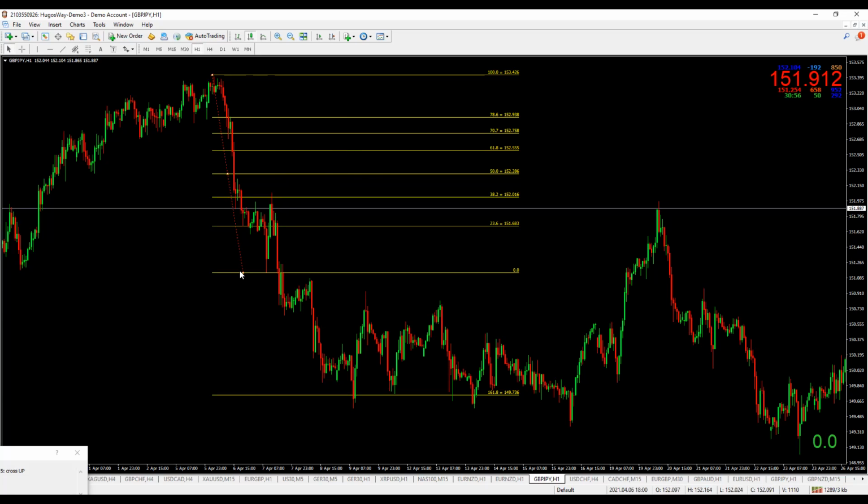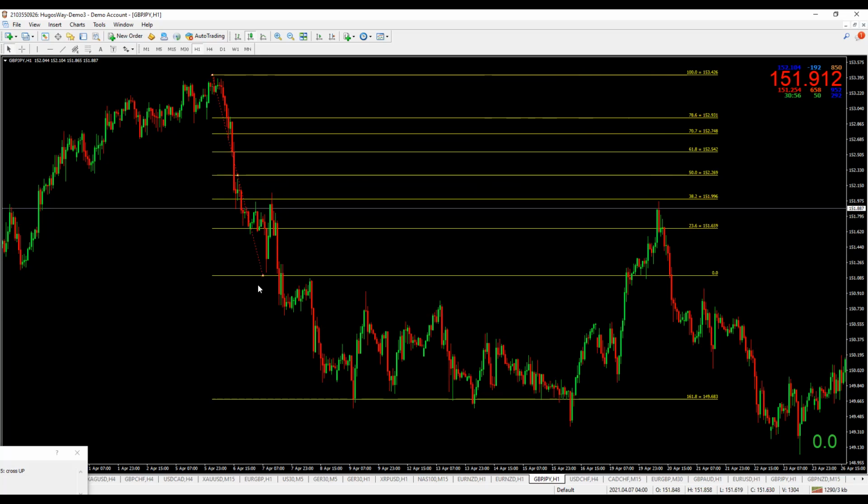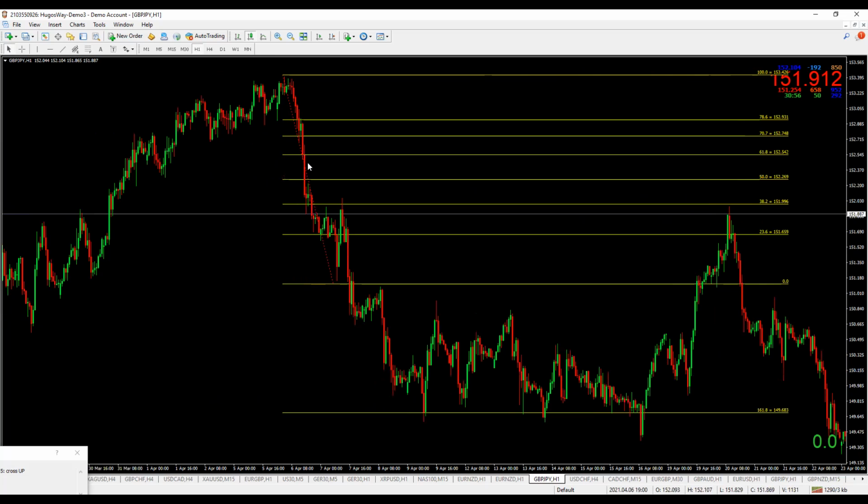So let's assume we saw it when it was pulling back. We will basically wait to see how far it will go before it continues down. And of course, on this occasion, having retraced, it did continue down. That obviously is what we expect when we are using the Fibonacci retracement.